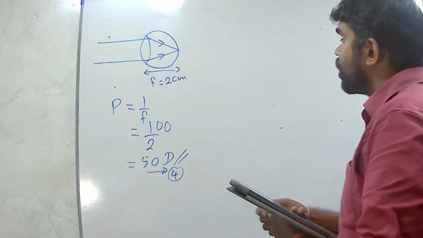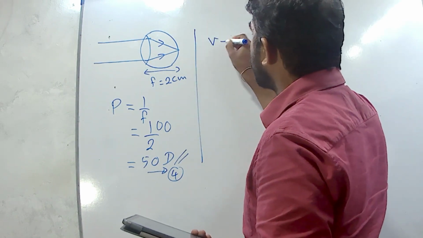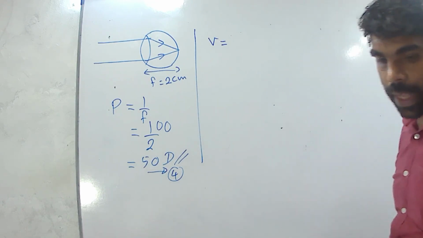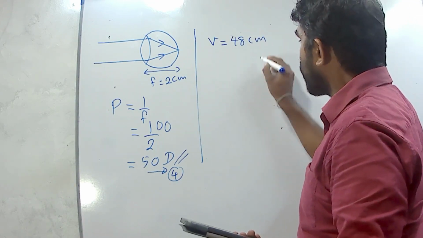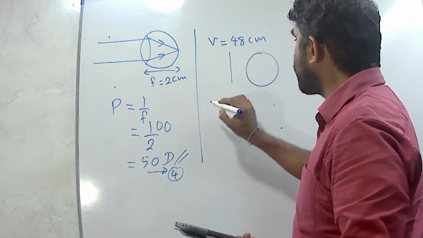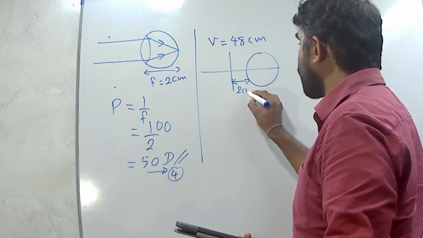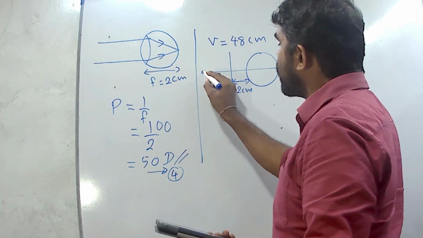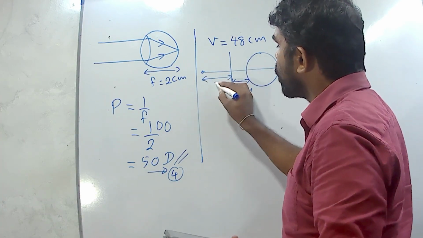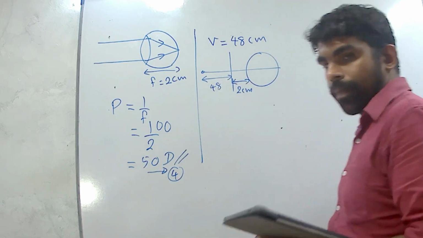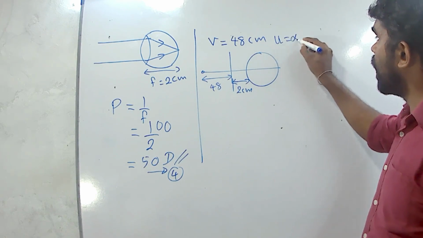By the corresponding lens, an image should be formed at 48 centimeters because the lens is 2 centimeters in front of the eye. We can see 50 centimeters from the eye. Therefore, image distance for this lens should be 48. Object distance should be infinity.